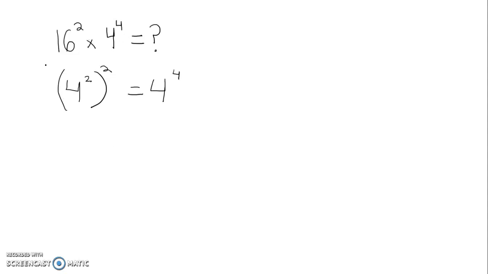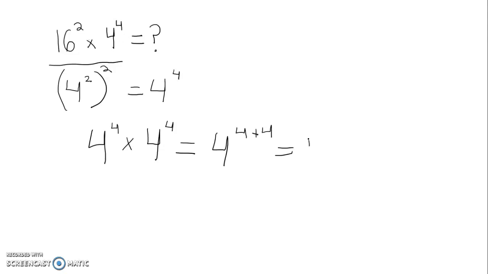So this question is basically 4 to the 4 times 4 to the 4. Now to do this, we can keep the base and then add the 4's. So it's equal to 4 to the 8th power.